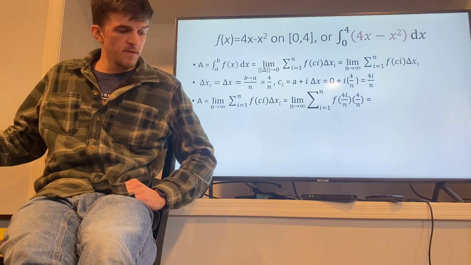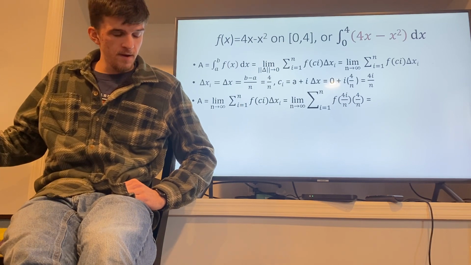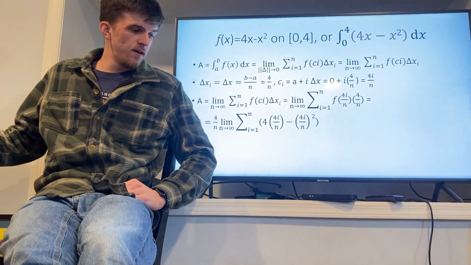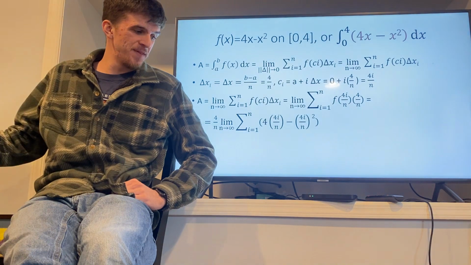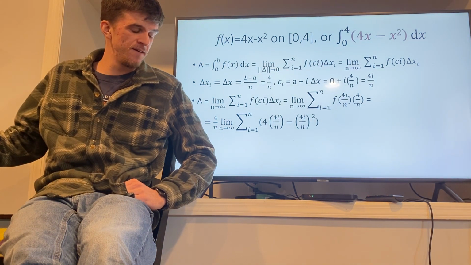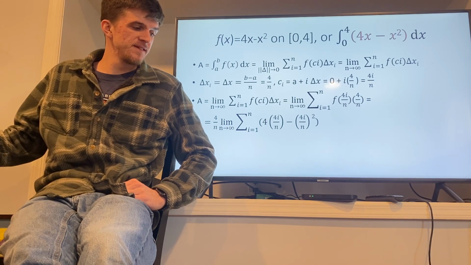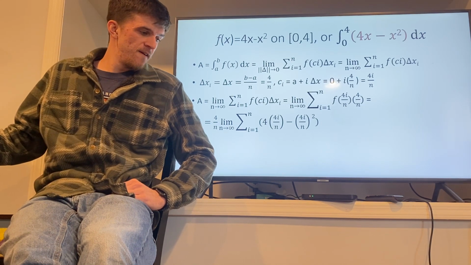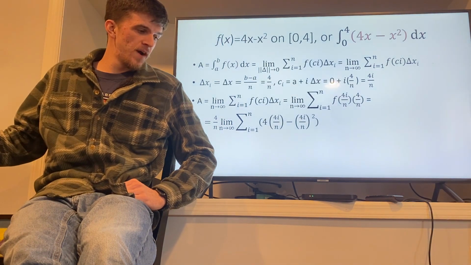We can remove that 4 over n, so our area should be the limit as n approaches infinity of 4 over n times the sum of n terms of 4 times 4i over n minus 4i over n squared.